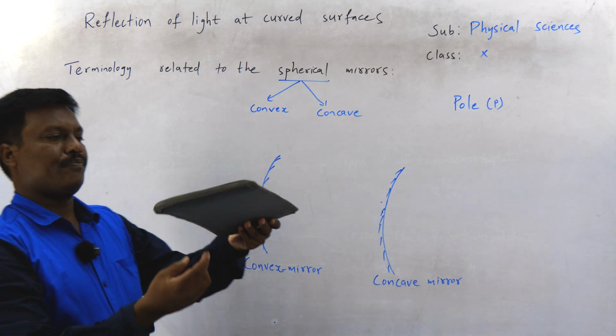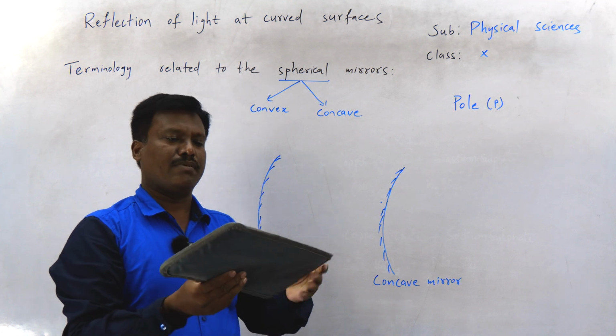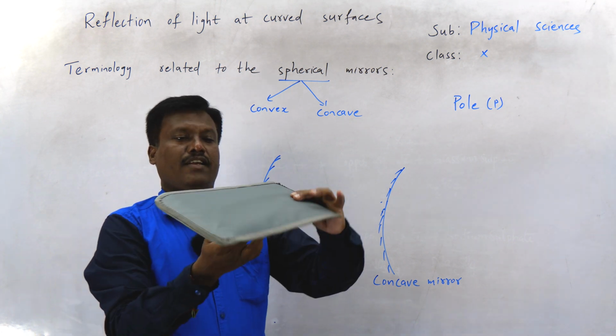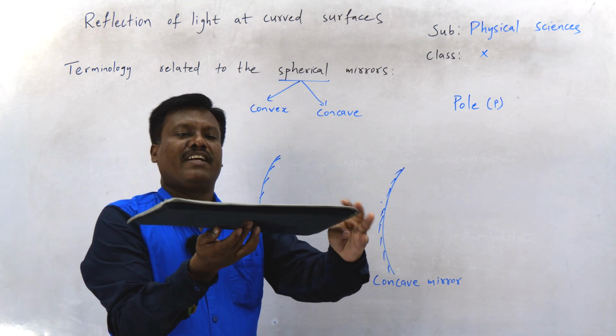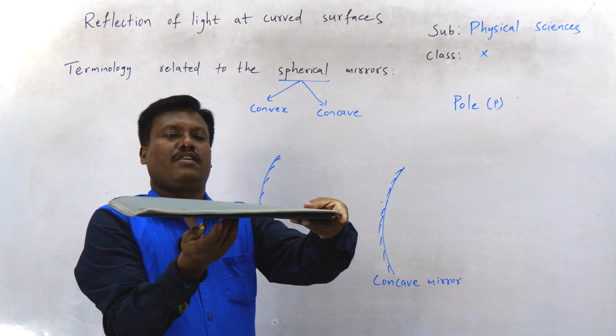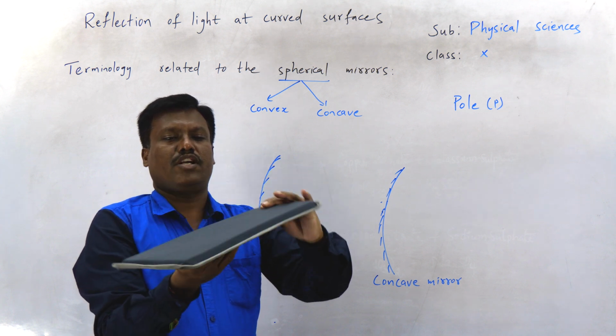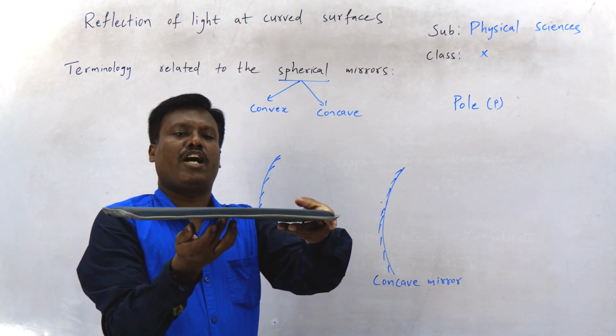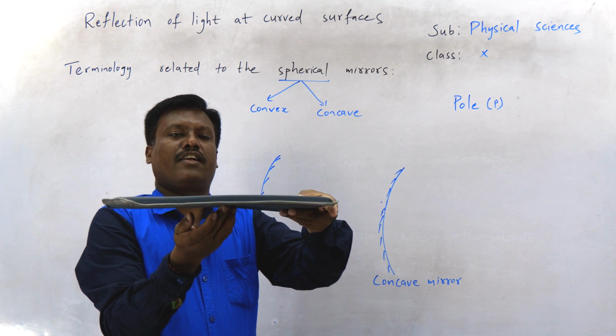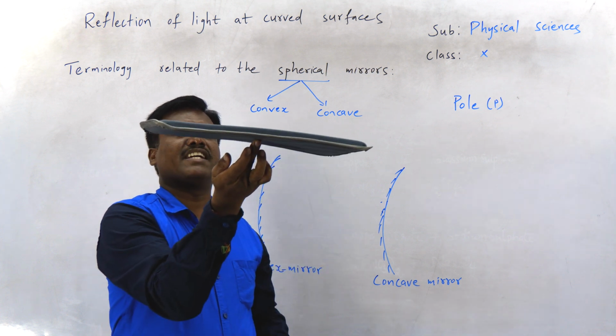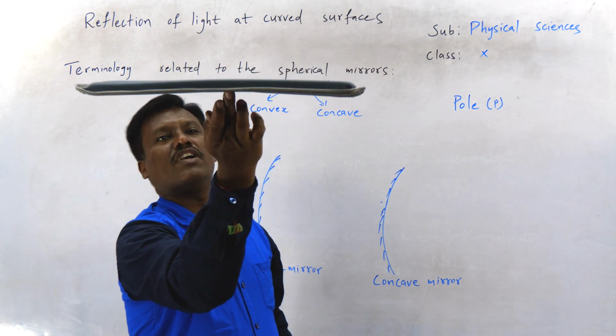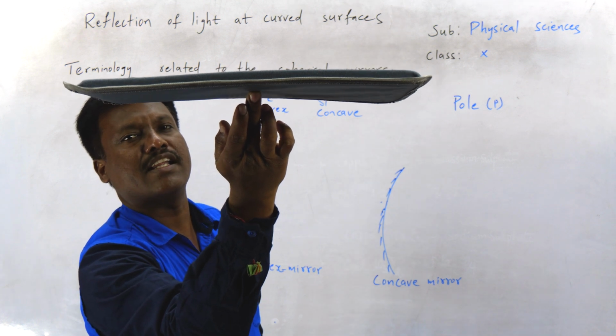So this one you see. I want to explain the geometric center. See, when I keep my finger here, okay, we are able to make this object stay on the end of our finger, right? So this is called geometric center. What is this called? Geometric center.